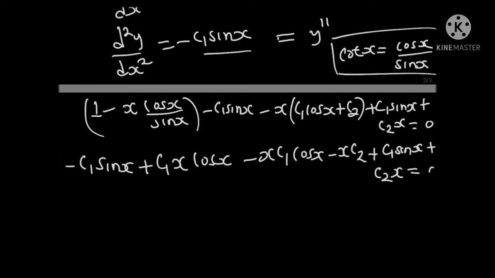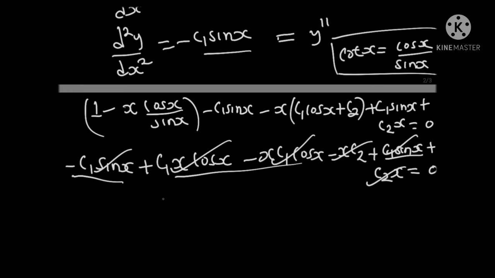Now, minus c1 sine x minus c1 sine x plus c1 sine x, we get minus c1 sine x. So the sine terms cancel. c1 x cos x minus x c1 cos x, these two will give us 0, so they are also cancelled. Minus x c2 plus c2 x, again these two will also cancel, giving us 0 equals 0.